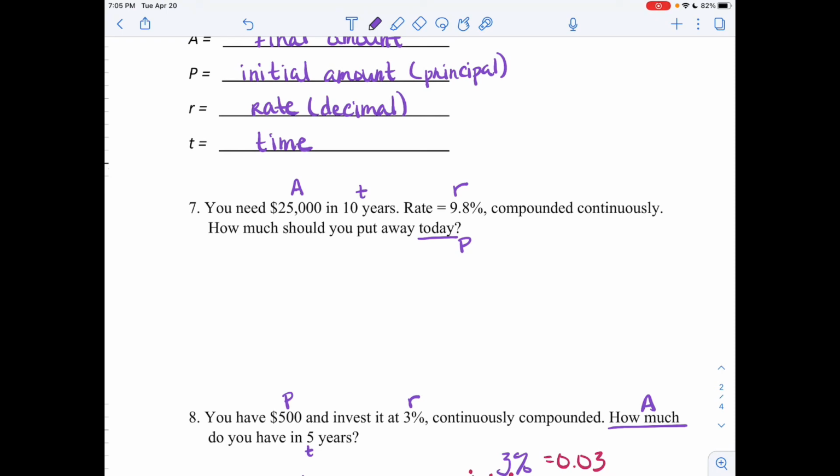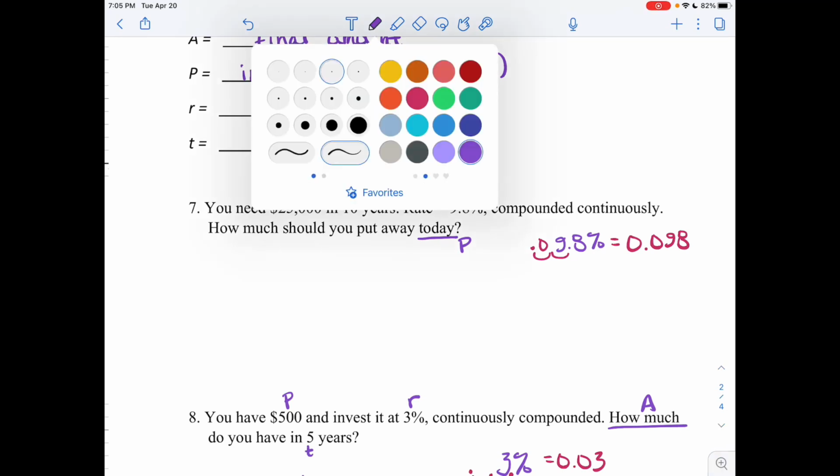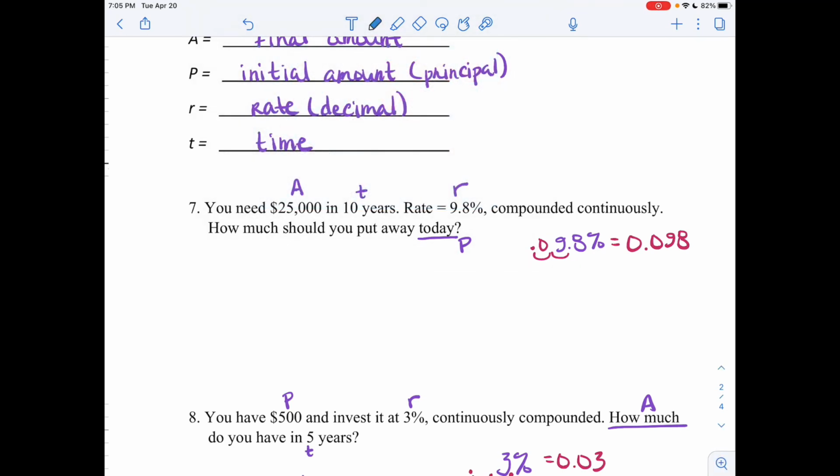Let's first go ahead and convert our rate into a decimal, so 9.8%, and we will move 2 decimal places over, and that's going to give me 0.098 as a decimal. So that's what we will use. All right, let's plug in what we know so that we can solve for what we don't know. I know A, 25,000.